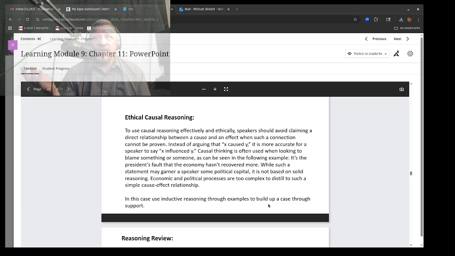All car accidents are caused by people not paying attention. Well, maybe all car accidents are caused by people not paying attention, but I was paying attention. Now the other driver, I don't know. So we have to be careful with cause-effect reasoning.